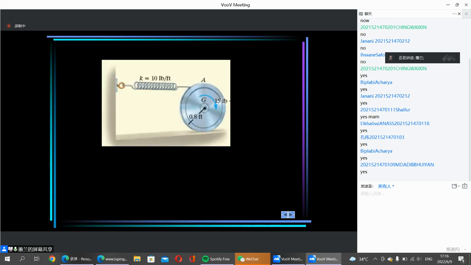The translational kinetic energy will be 0.5 times mass times V_G squared, where V_G is the velocity of the mass center. Then the rotational part: here is the mass moment of inertia, and here should be the angular velocity.